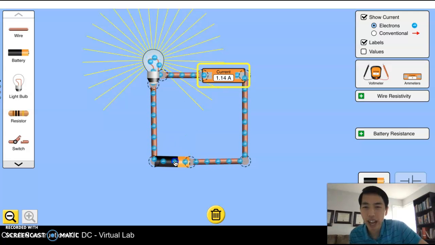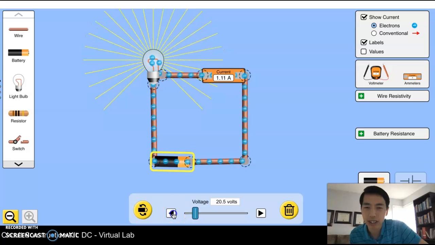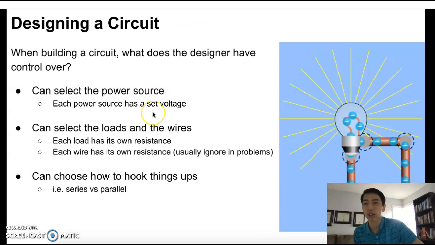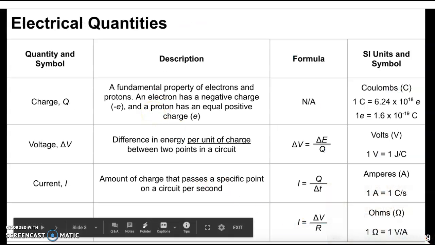So when I had this at 20 volts and this at 20 ohms, you may have noticed the current was perfectly 1 amp. And that's because of this formula here. Current equals voltage divided by resistance.